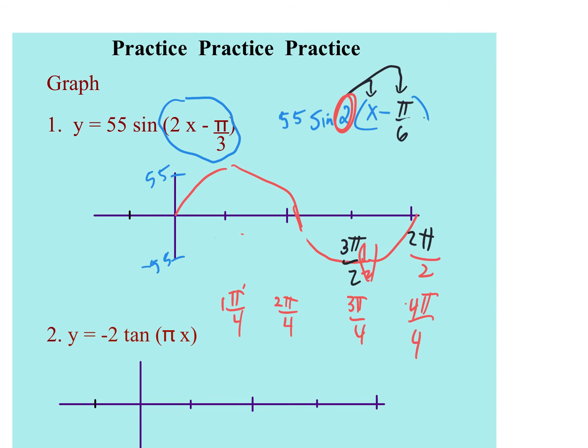Why do you care? Because pi over 4 is our current numbering unit. Each of these marks is 45 degrees, and another 45 degrees, another 45 degrees. And so where would 30 degrees be? I need to shift it to the right. Well, if this is 45, I'm going to say that's about 30.